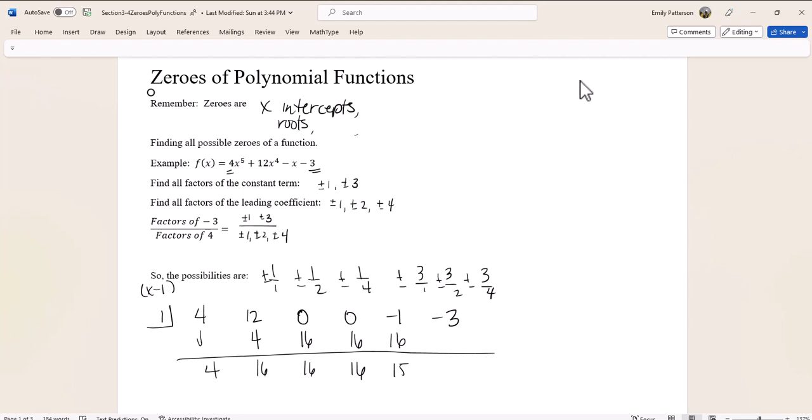So 1 times 15 is 15, and then I add down. So again, remember that this is going to be my remainder of 12. When there's a remainder of 12, or anything other than 0, this is not a factor. I need this to be a remainder of 0 in order for x minus 1 to be a factor. So x minus 1 is not a factor.